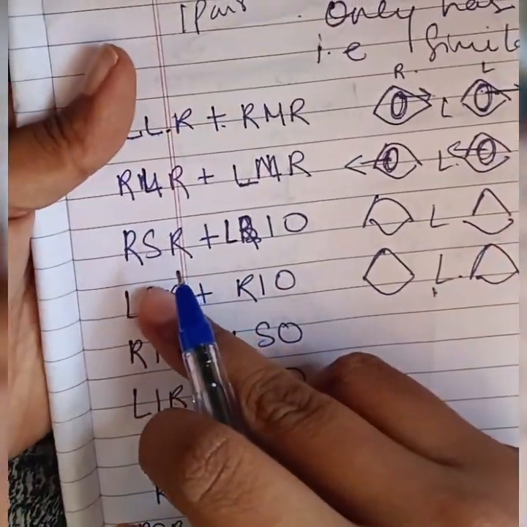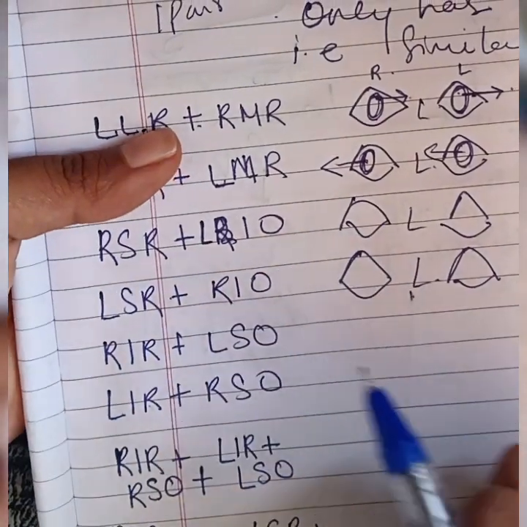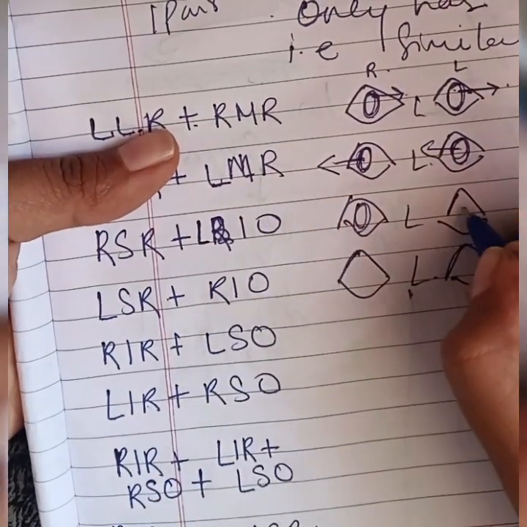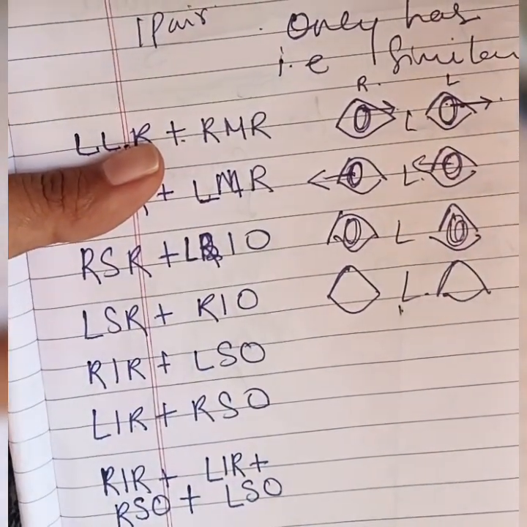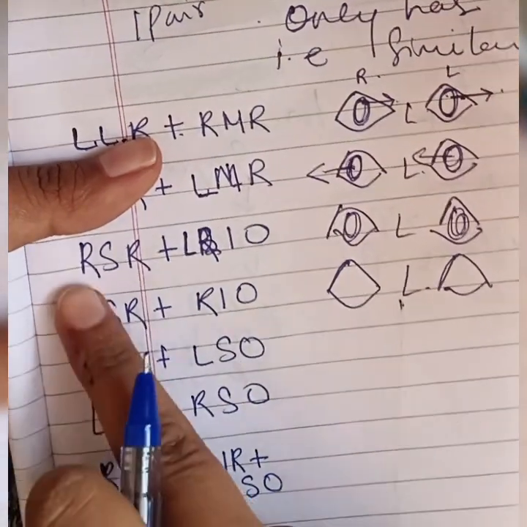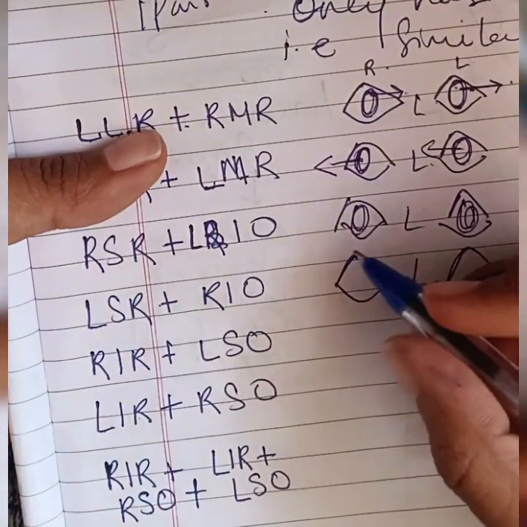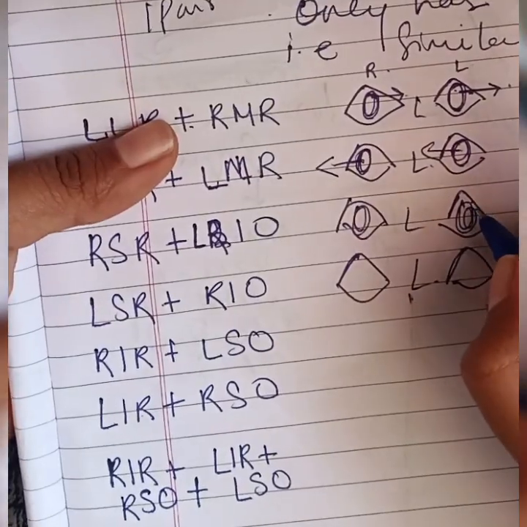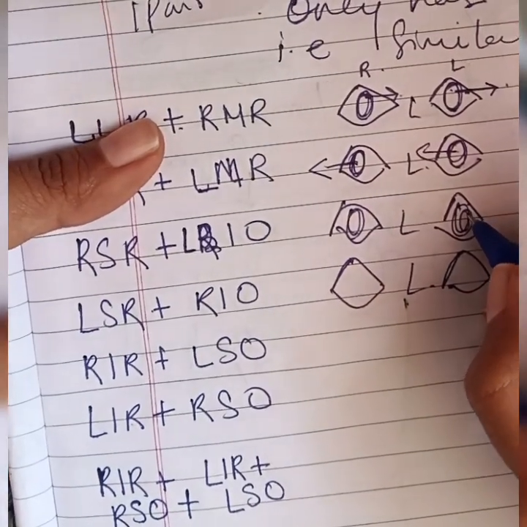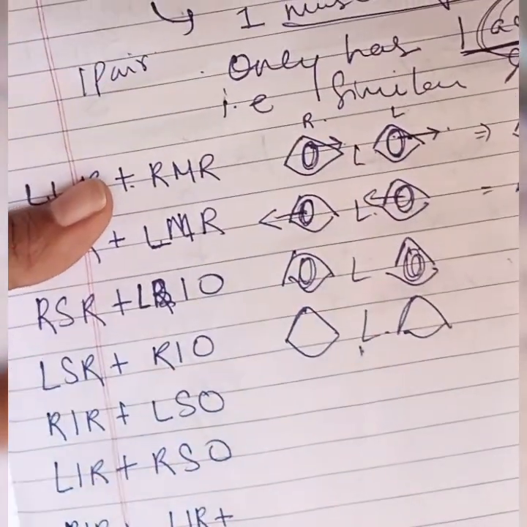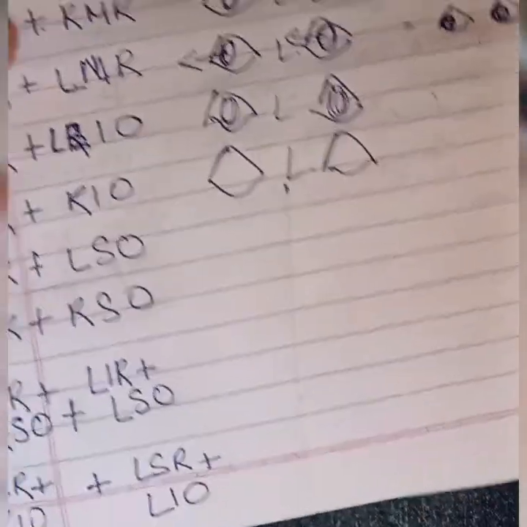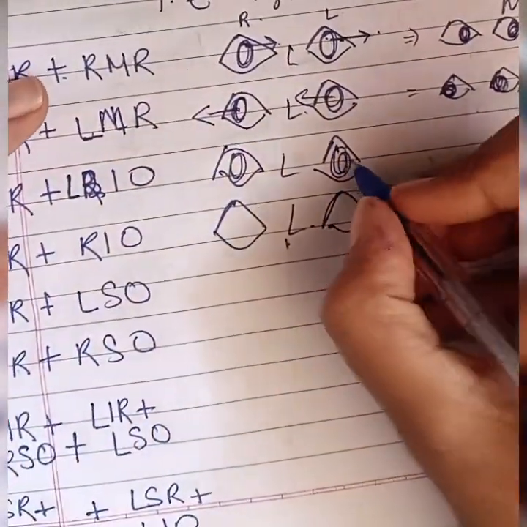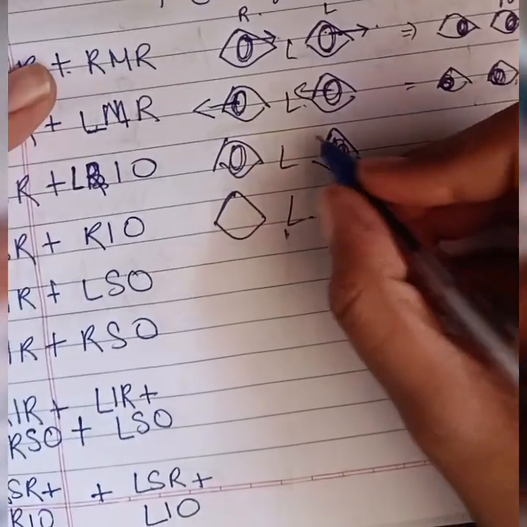Now we come to right superior rectus and right inferior oblique. We know over here only clinical actions are considered, not anatomical actions. So left eye superior rectus, what is the clinical action? In clinical action, the primary action dominates. Primary action is elevation, and that too in abduction.